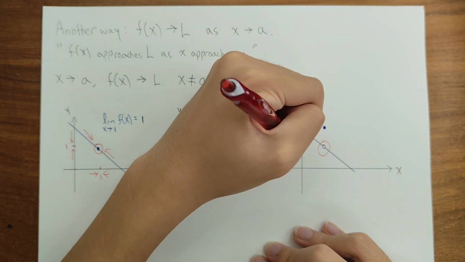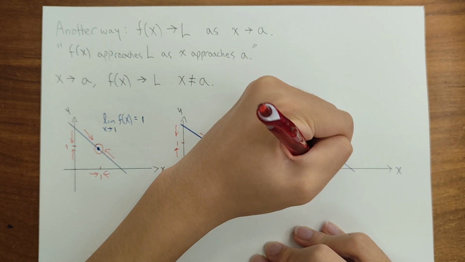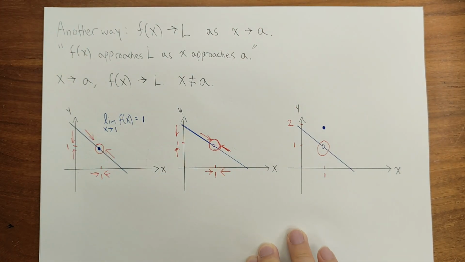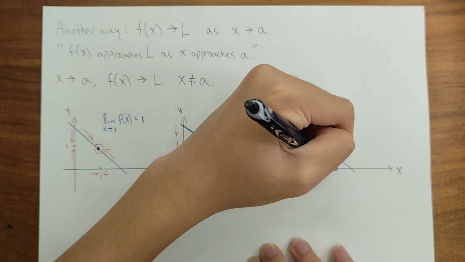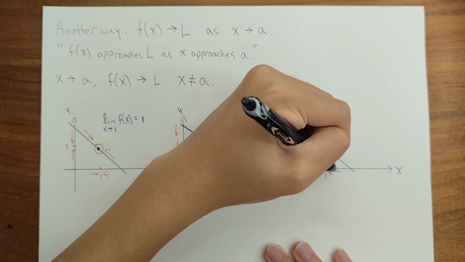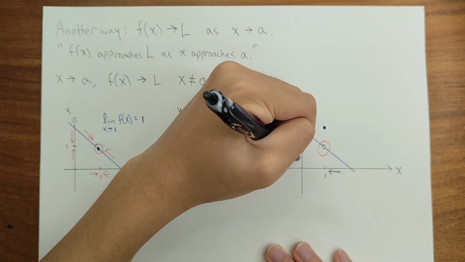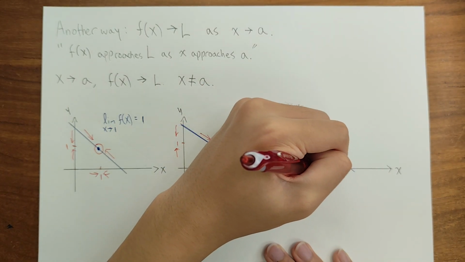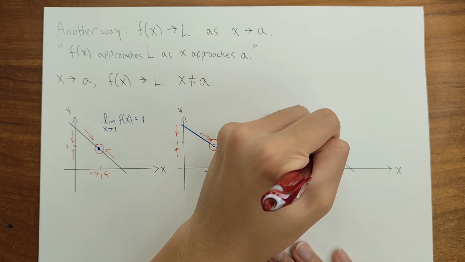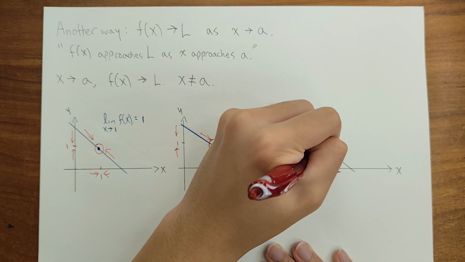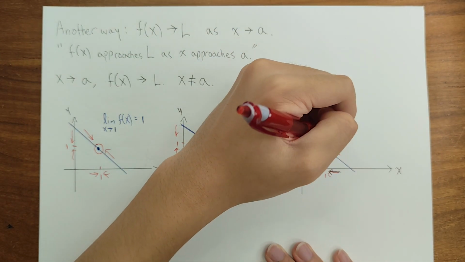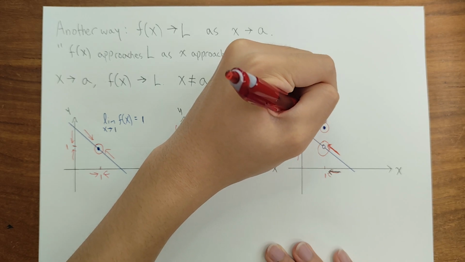Okay. And the third example, which shows these two, is, look, here is 1, and here's a 2. So when x approaches 1 from the right hand side, the line is still approaching 1, even though at x equal 1 the function is defined here.